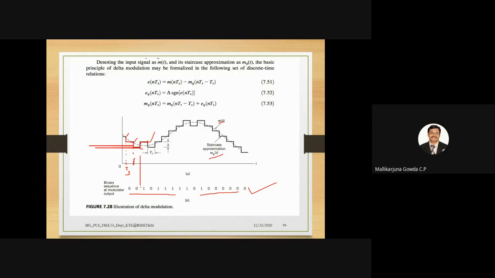Now the staircase approximated signal is greater than my analog input signal, so it will be decremented by delta, and it will stay at that level till the next sampling duration. Now again at this point it will compare. Now the staircase approximated signal is less than the analog input signal, so it will be incremented by delta. Hope you are understanding what I am saying.